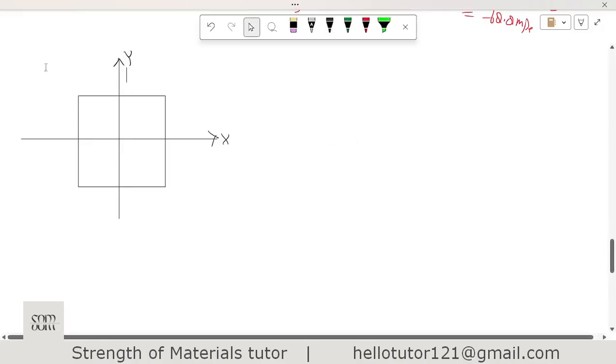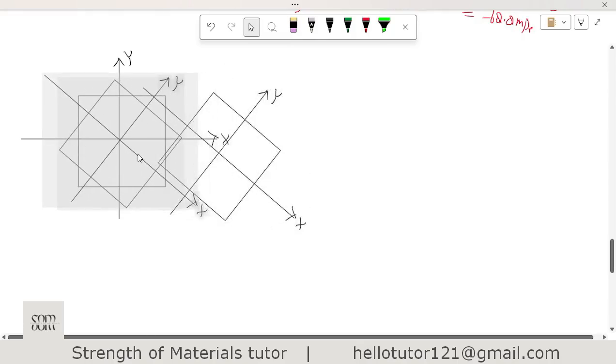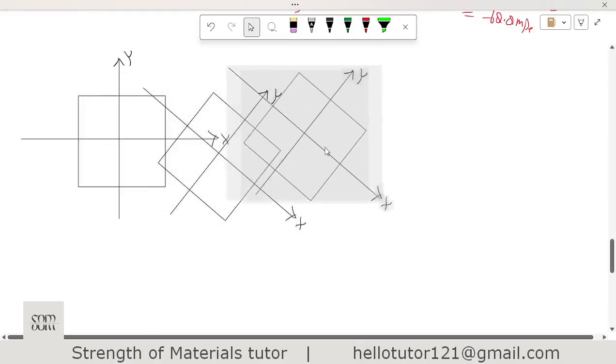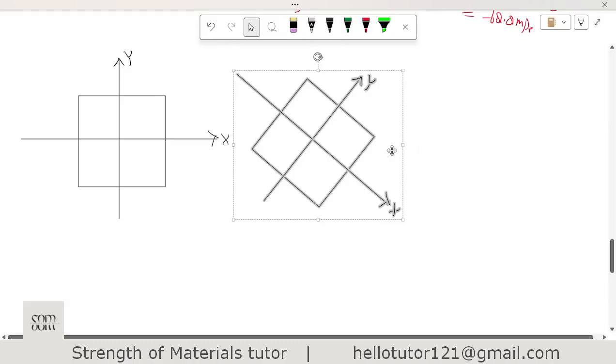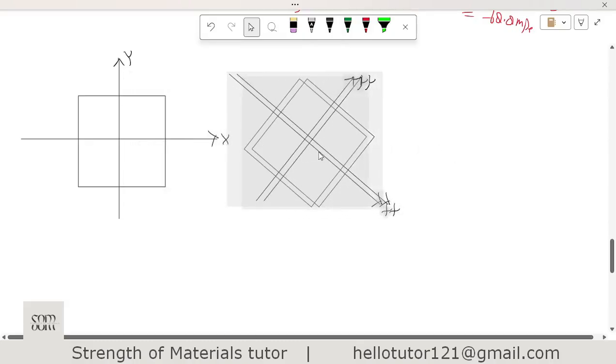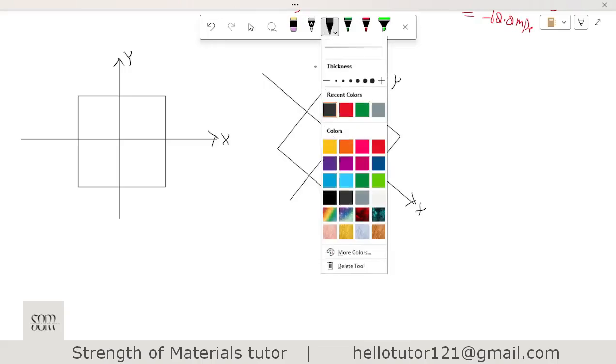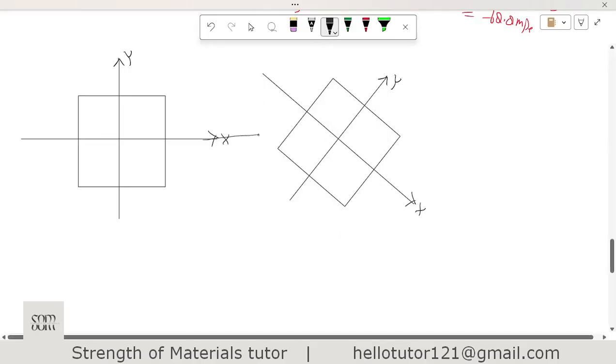Now what you did, you rotated it clockwise, right? So you got something like this. Basically this is the angle, 30 degrees.